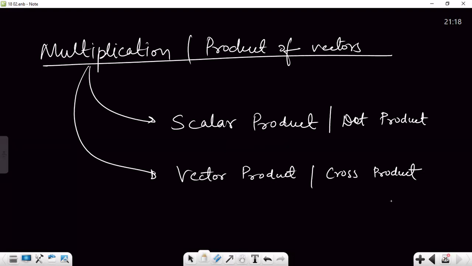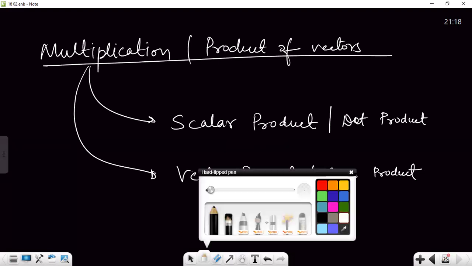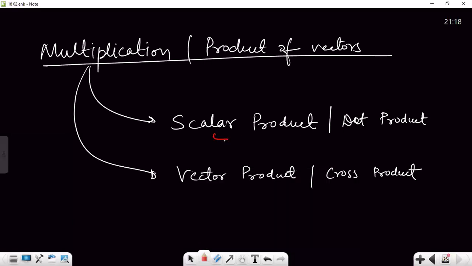Let's discuss them one by one. The thing to consider here is that the product given by the dot product is a scalar quantity, and the product produced by the cross product is a vector quantity.